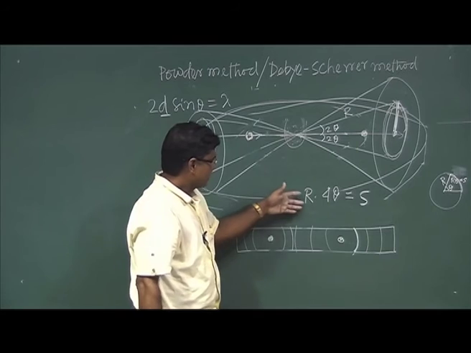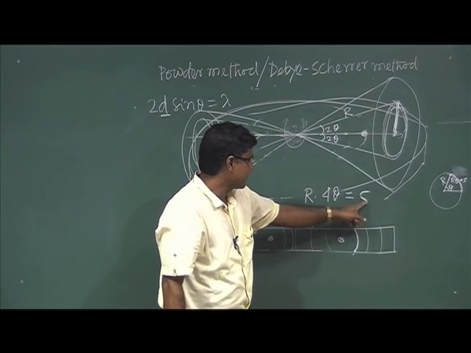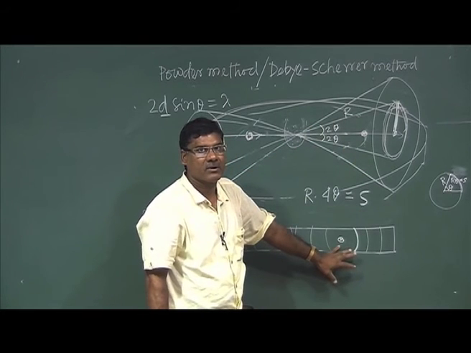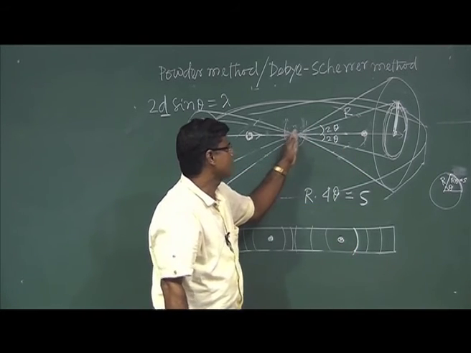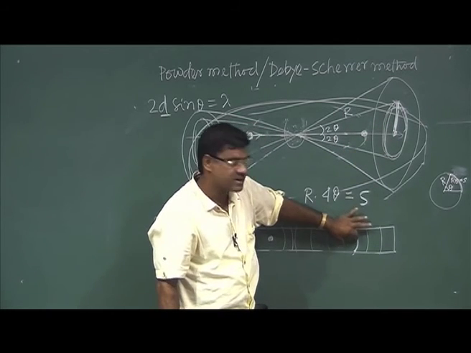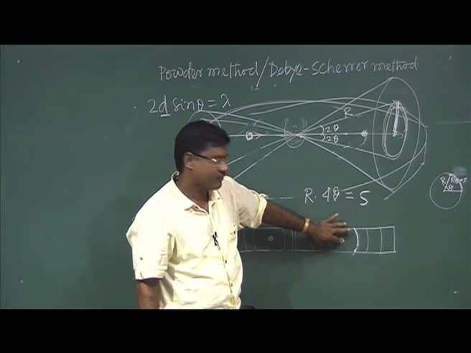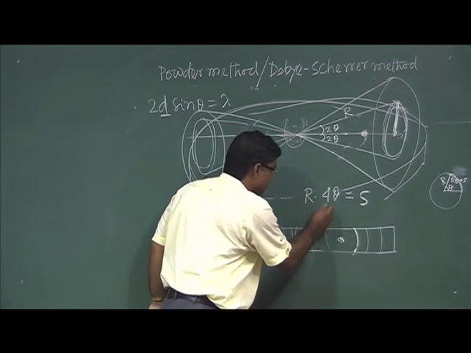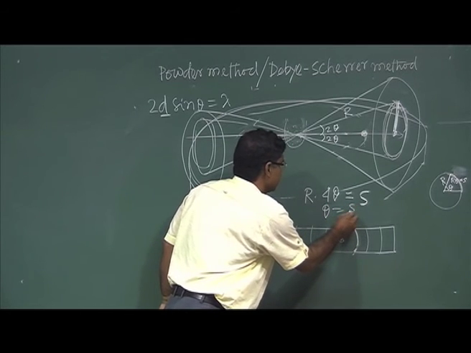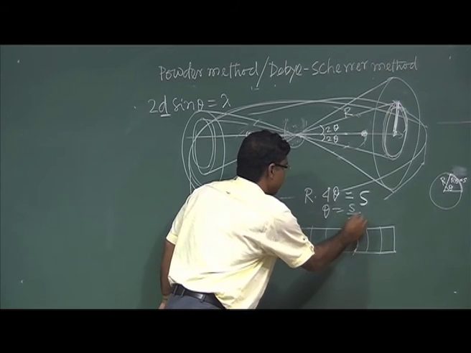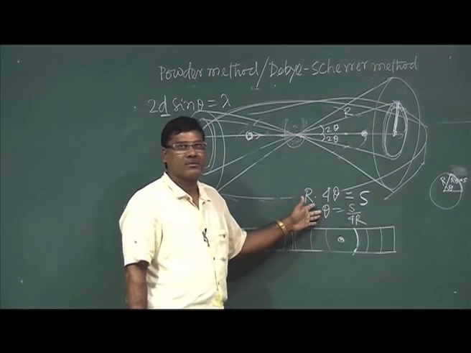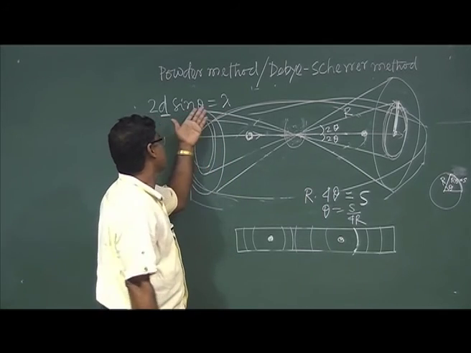This r and s you will find from geometry, because you have to know the distance of your film, and the radius you can measure. So you will get the theta value, that is basically s by 4r.